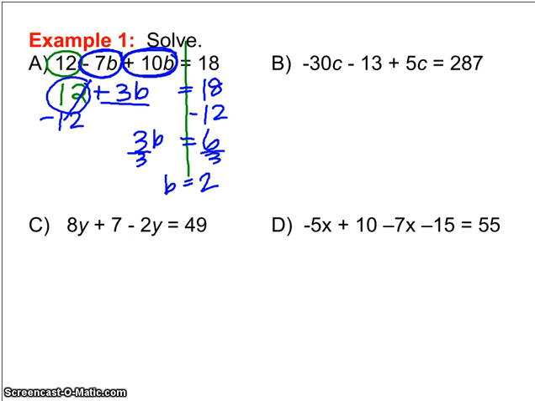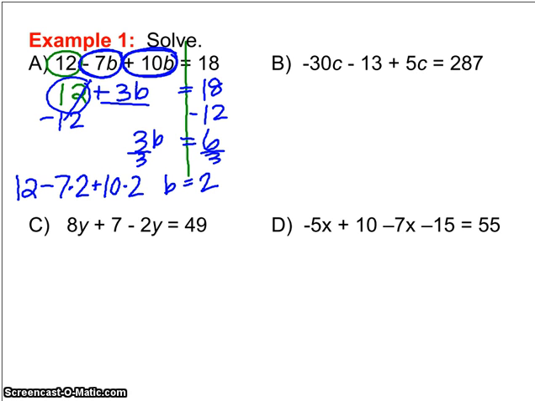Please, please, please take your answers, plug them back into your original equations on your calculator, and make sure you have the right answer. There are no excuses why you should not have 100% on these assignments with equations if you are checking your work. So please take the extra 35 seconds and, if b is 2, go back on your calculator, type in 12 minus 7 times 2 plus 10 times 2.